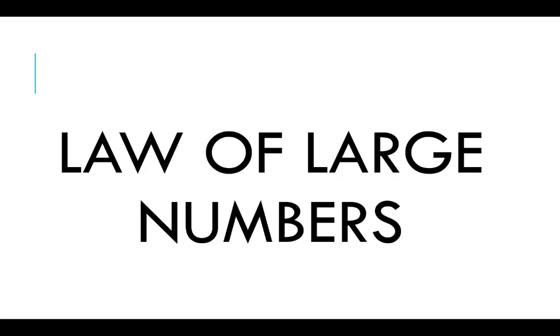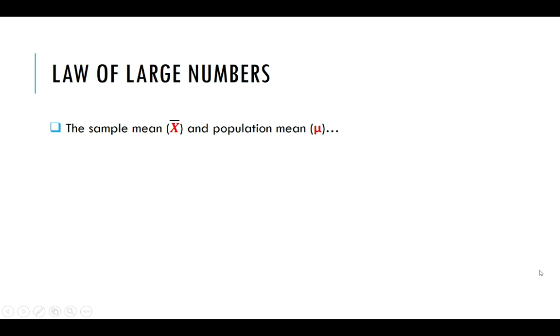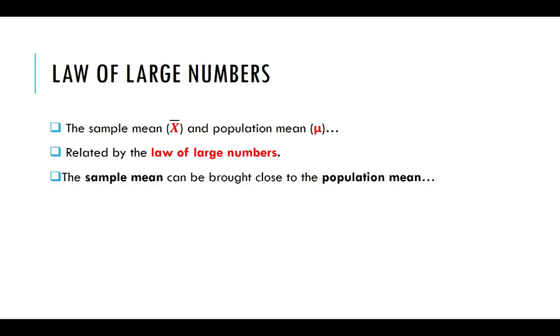So let's start with the law of large numbers. The sample mean, X bar, and the population mean, mu, are related by the law of large numbers. The sample mean can be brought close to the population mean.